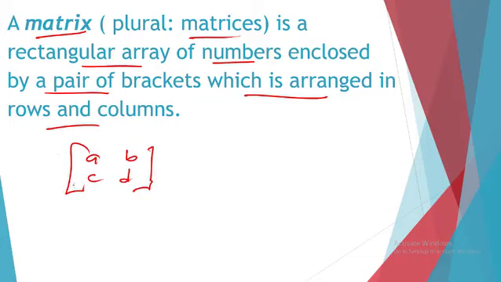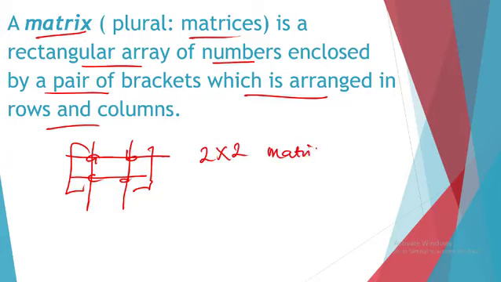A matrix, where line A, B and line C, D is what we call the rows, and then we call these columns. Okay, so looking at this matrix, we say it's a 2 by 2 matrix.